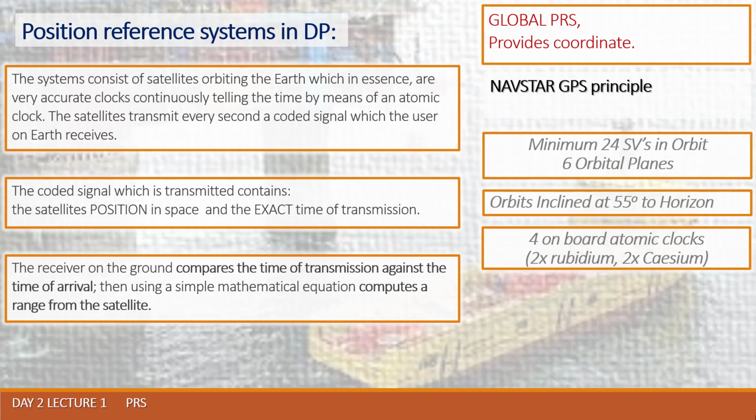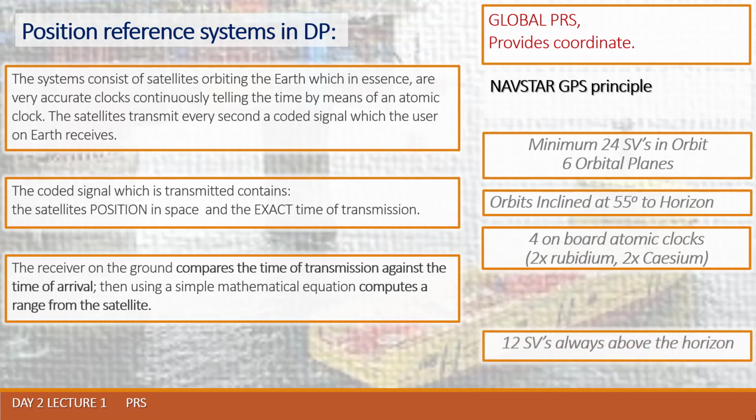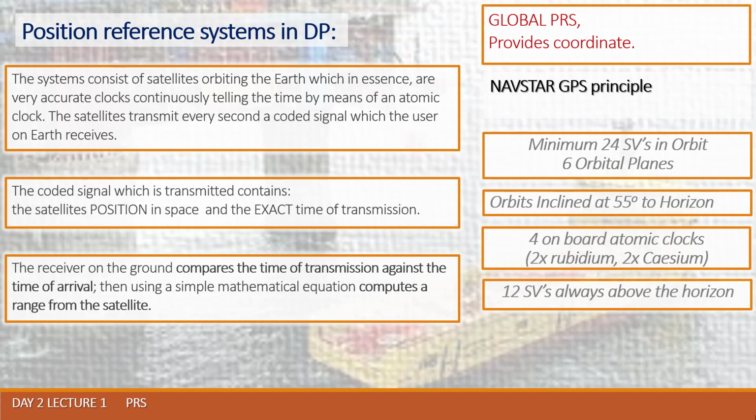Next important statements. We have 12 satellite vehicles always above the horizon level. And the most important for us, from the navigator's point of view, is that 4 satellite vehicles are needed for position estimation.